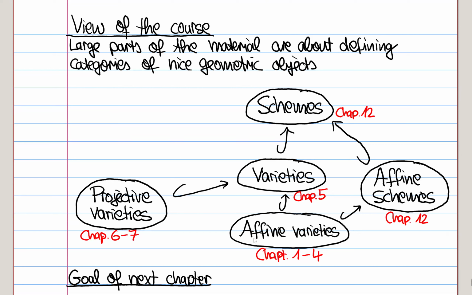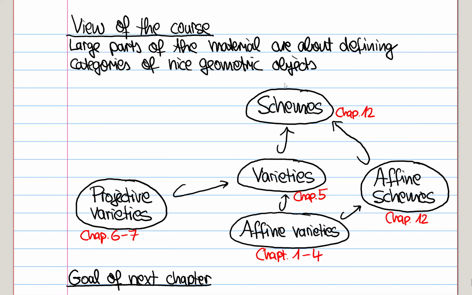We allow more and more general objects. So for example, not just affine varieties, but arbitrary varieties in chapter 5. And then we go again a bit more special and look at the special case of varieties called projective varieties in chapter 6 to 7. And then that's the setting which we can comfortably work in for some time, and we study some properties of this. But then towards chapter 12, towards the end of the course, we also define these notions of affine schemes and then schemes.